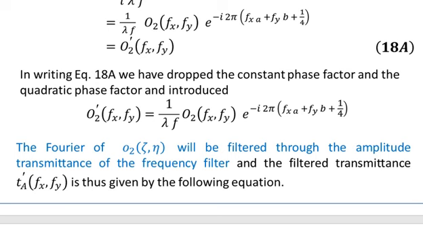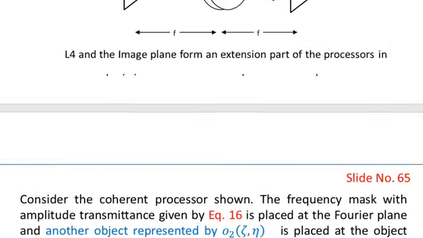The Fourier transform of O2 at the zeta and eta plane will be filtered through the amplitude transmittance of the frequency filter, and the filter transmittance, that is Ta prime as a function of fx, fy, is thus given by the following equation. So let me briefly explain.